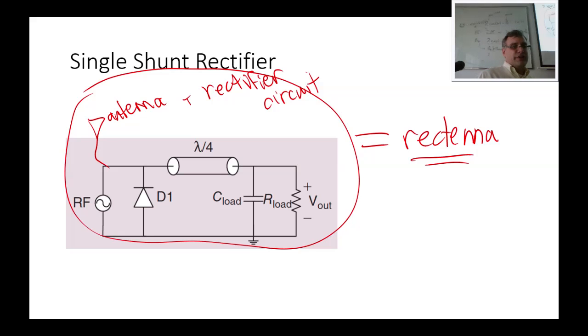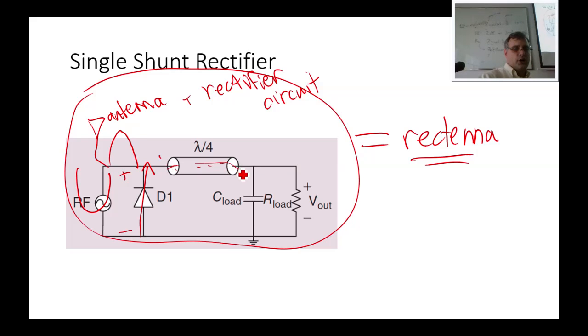The single shunt rectifier, or rectenna, works because on the upswing, well, let's start with the downswing first. You have a downswing in voltage coming across here. That's going to turn this diode on. And where does the charge go? The DC charge is going to go down this transmission line.